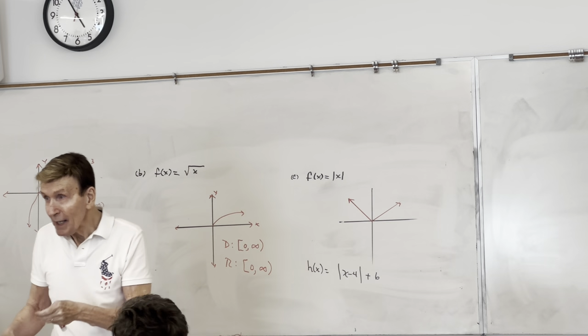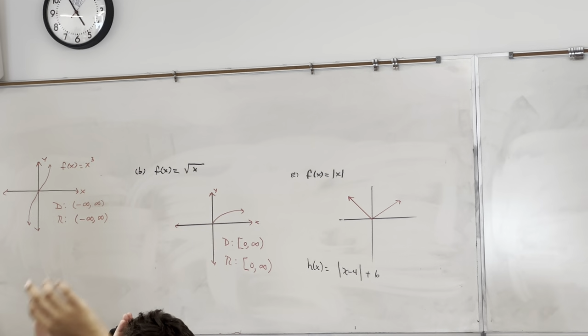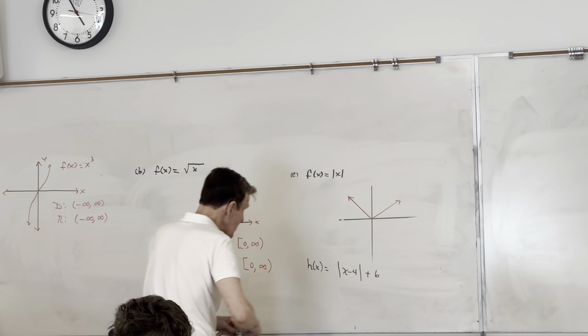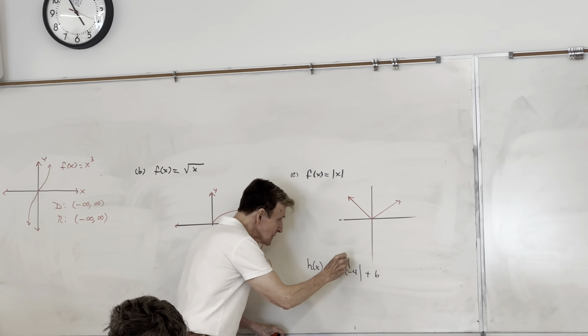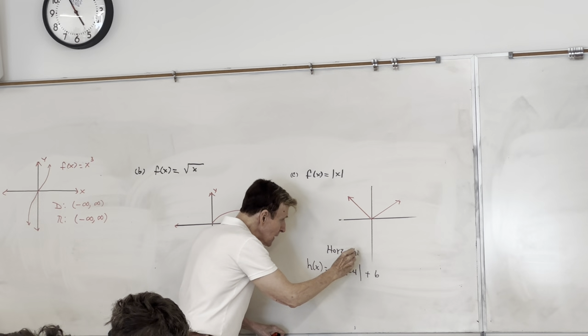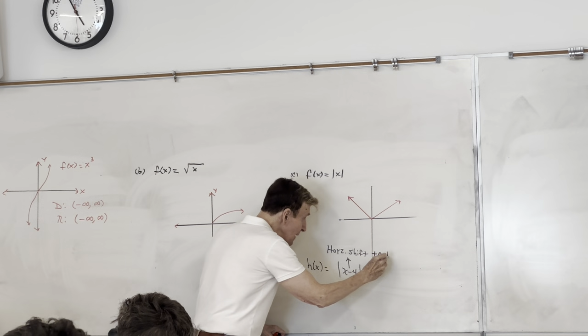Now, can anyone give me an idea of what, the way it looks, absolute value of x subtract 4, then I think I threw in plus 6. Something like that. Nikki, starts out. I think it's going to go to the right 4. Thank you. She says, Professor, there's going to be a horizontal shift.